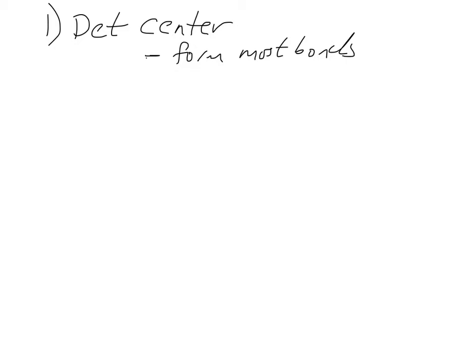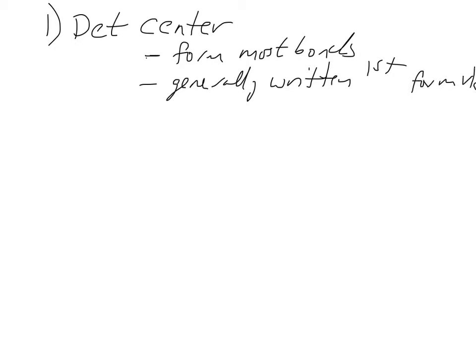Generally, not always, but generally, written first in the formula. Not always, but generally. And it is also generally the guy with the lowest electronegativity value, the lowest E neg. Okay?